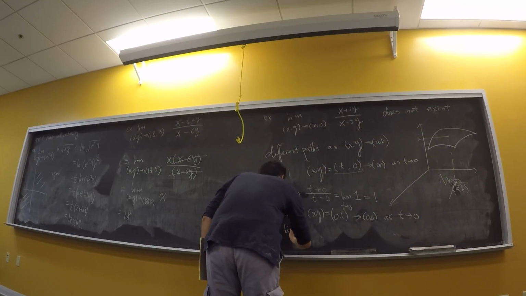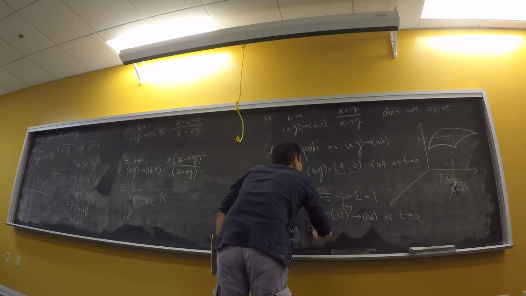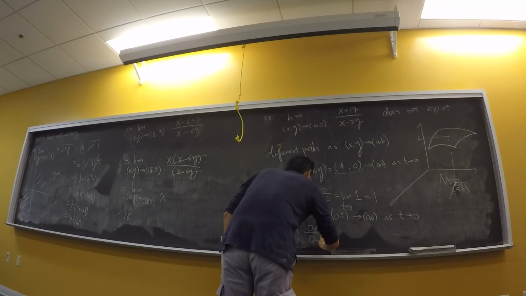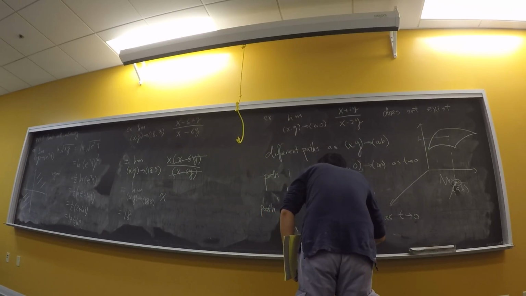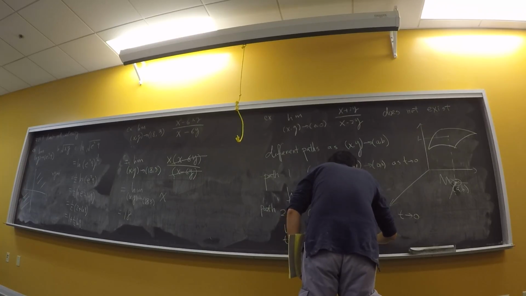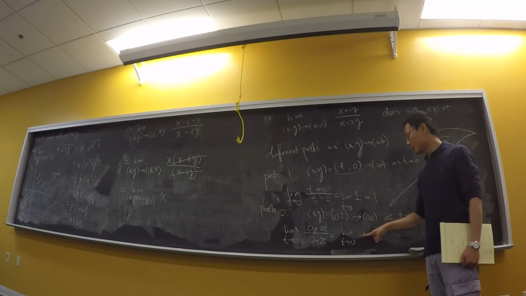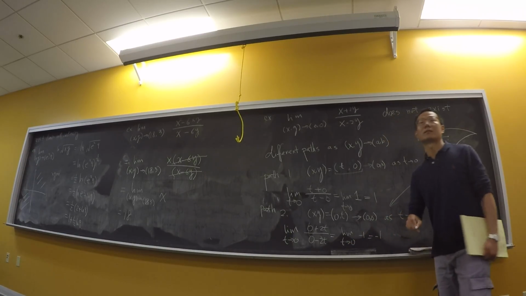So we're looking at the limit as t goes to 0 of (0 + 2t) over (0 - 2t). So in the end, we're getting a limit of negative 1, all right? So this is a constant function. When t goes to 0, the limit of a constant function is still minus 1, all right?